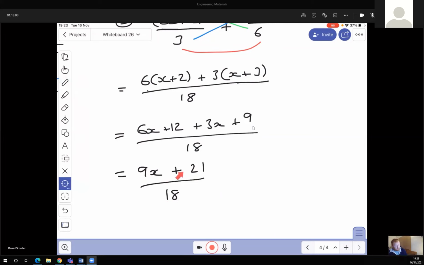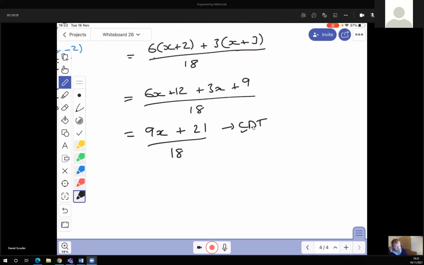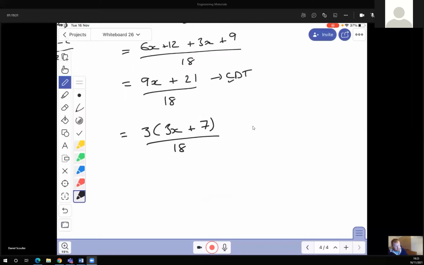Remember, we can't do cancellation because there's a plus there, so we need to do CDT. Let's look at CDT. Is there a common factor? Yep. So we can take the number 3 out of both terms, and we'd be left with 3x plus 7. So now we can take this 3 and this 18 and simplify that down.